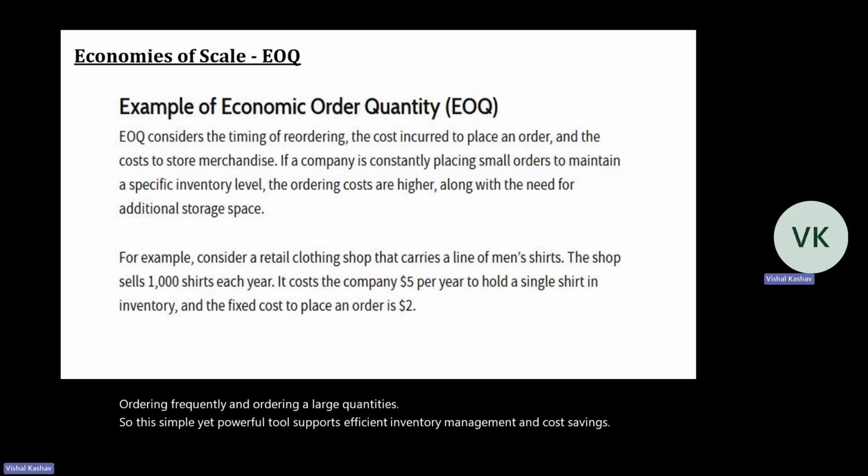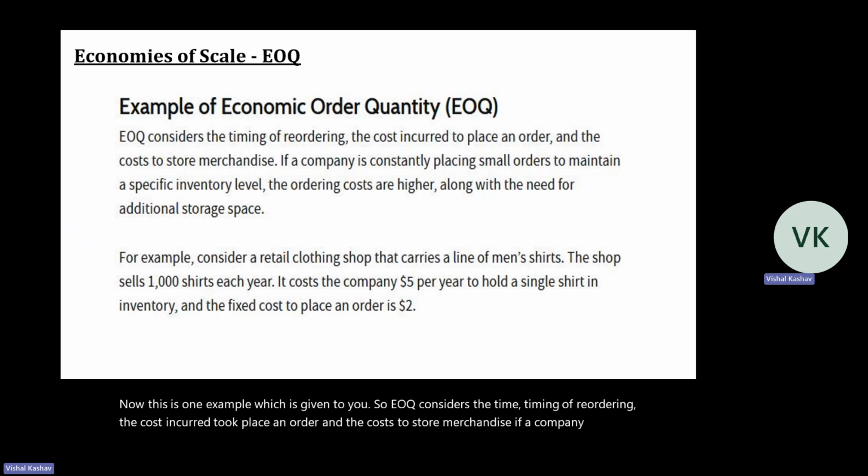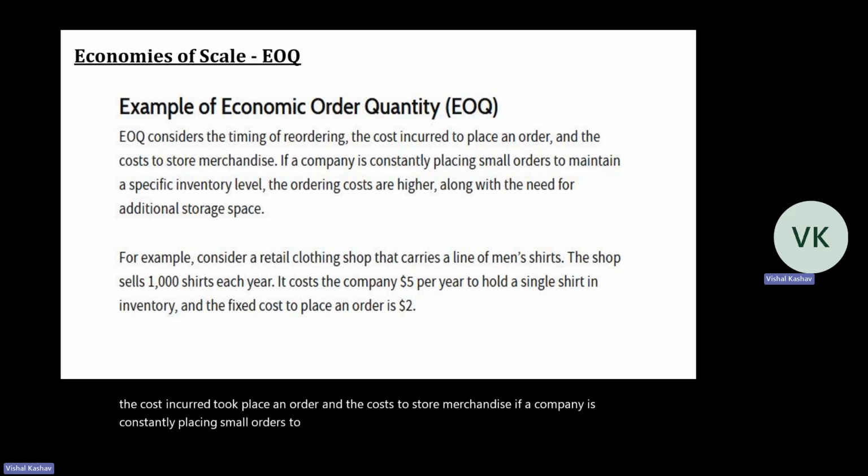Now, this is one example which is given to you. So EOQ considers the timing of reordering, the cost incurred to place an order, and the costs to store merchandise. If a company is constantly placing small orders to maintain a specific inventory level, the ordering costs are higher along with the need for additional storage space.